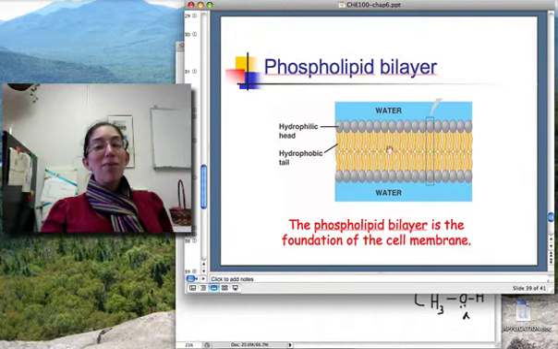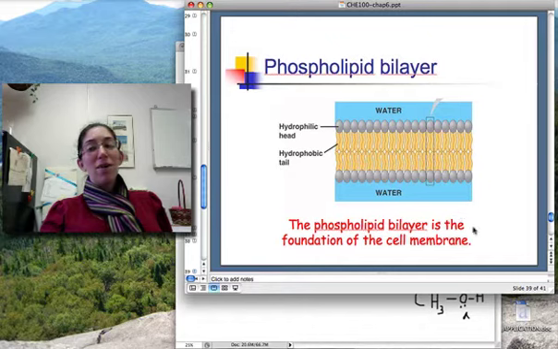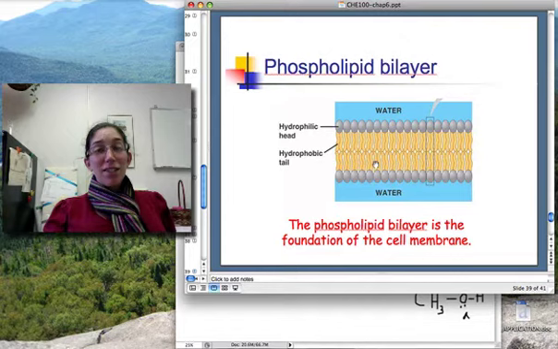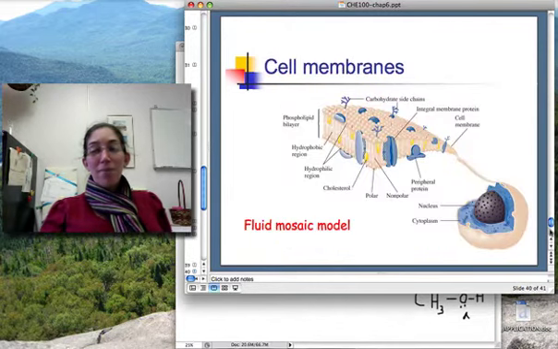If the whole thing was polar, then polar molecules could very easily go in and out of this phospholipid bilayer. But because it has this nonpolar region in here, it becomes very selective about what can go in and out of the cell.